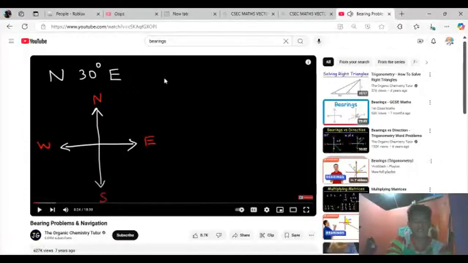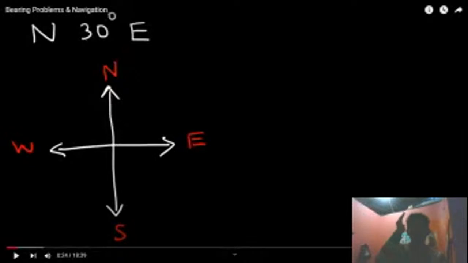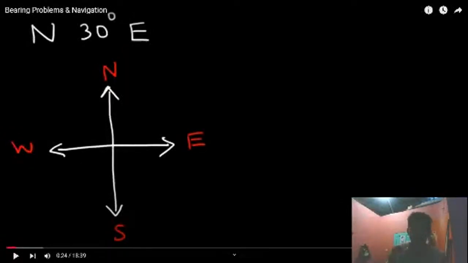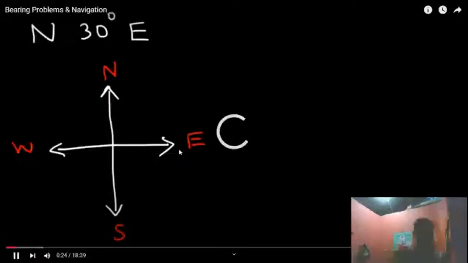I really want to interrupt you, but when you start off at north, that's a 0 degree angle. East would be a 90 degree angle. 90 plus 90, south would be 180, plus another 90, west is a 270 degree angle, and a full circle is 360 degrees.